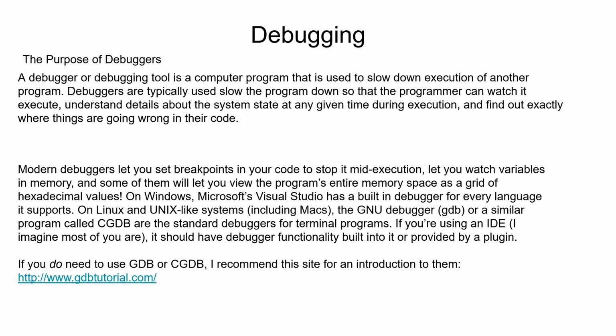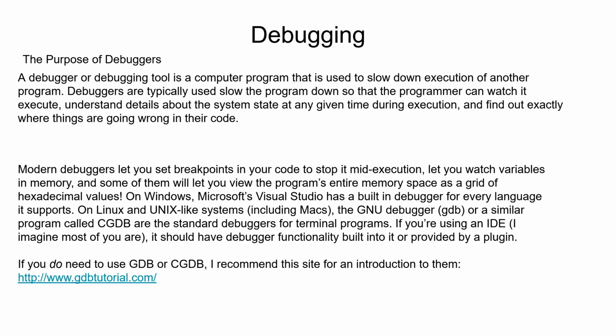Modern debuggers, including ones built into Microsoft's Visual Studio, there are debuggers included in a lot of modern IDEs, or they'll hook into other debuggers, or if you're working on a terminal in a Unix-like system, the GNU debugger, or a spin-off called CGDB.